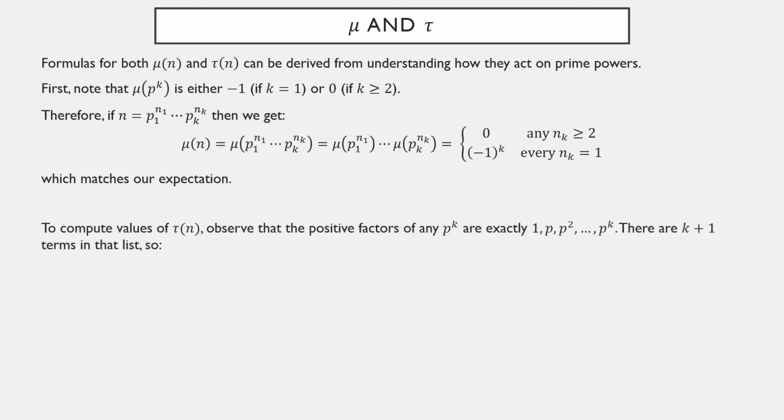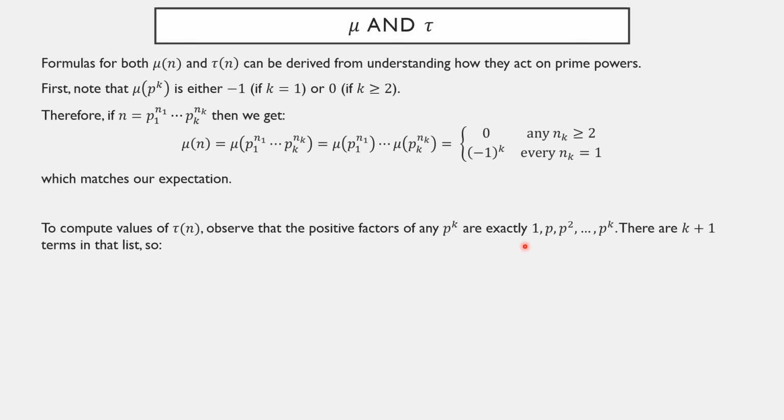What about for tau? Well, tau is the function that counts how many positive factors a number has. As it turns out, for prime powers, that's very easy. What are the positive factors of a prime power? For example, p to the 4th. The factors are just going to be 1, p, p squared, p cubed, and p to the 4th. In general, the factors of p to the k are 1, p, p squared, all the way up to p to the k.